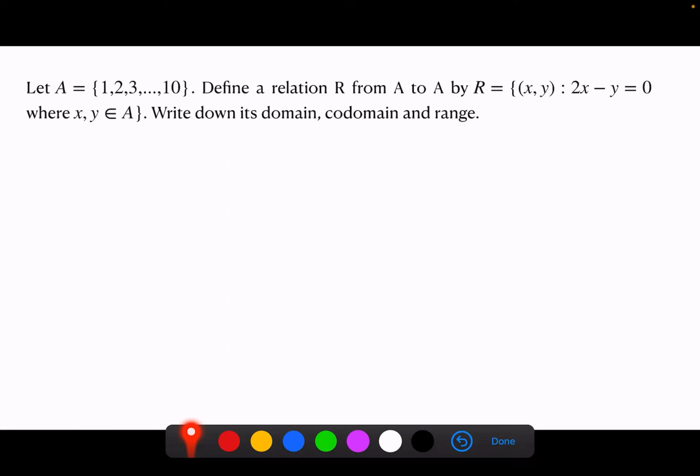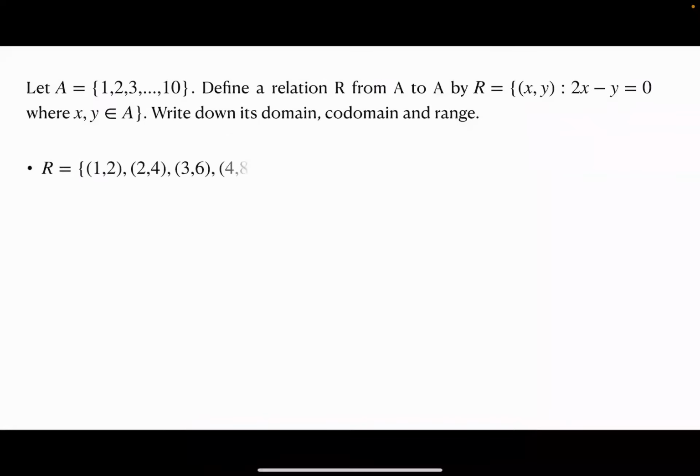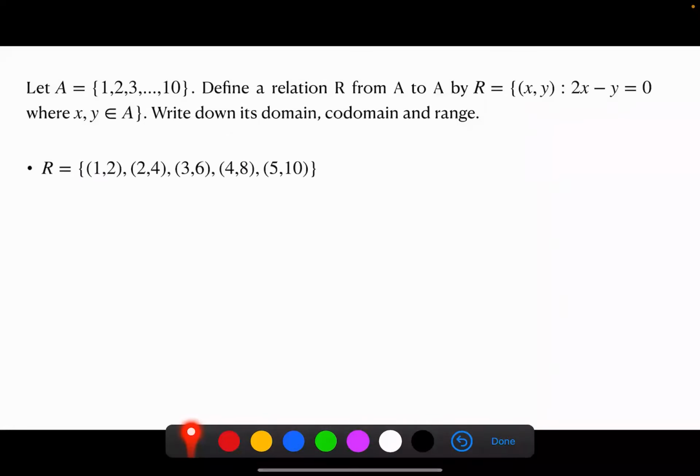Let's look at this again. R is the relation. If x is 1, because we are trying to do y equal to 2x, y will become 2.